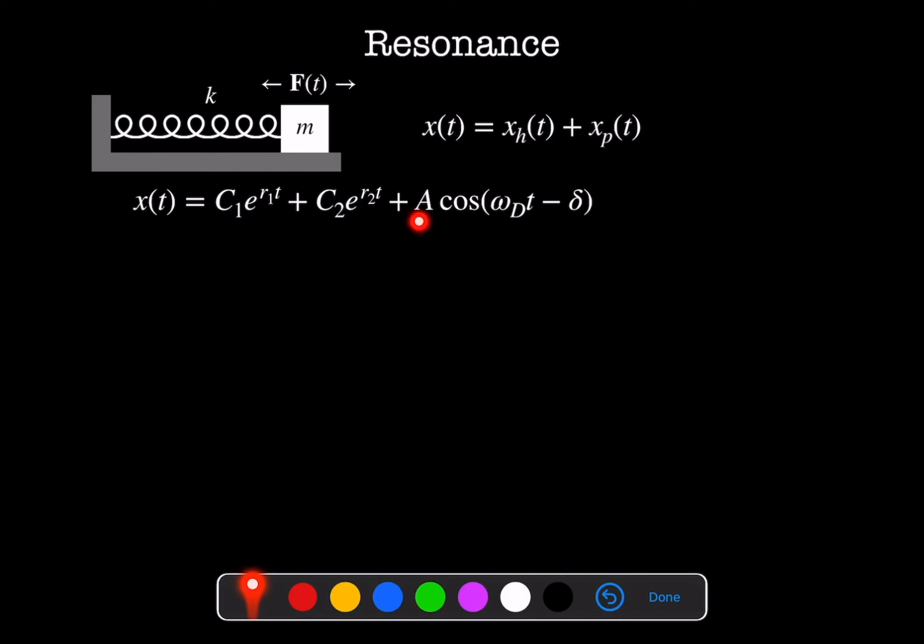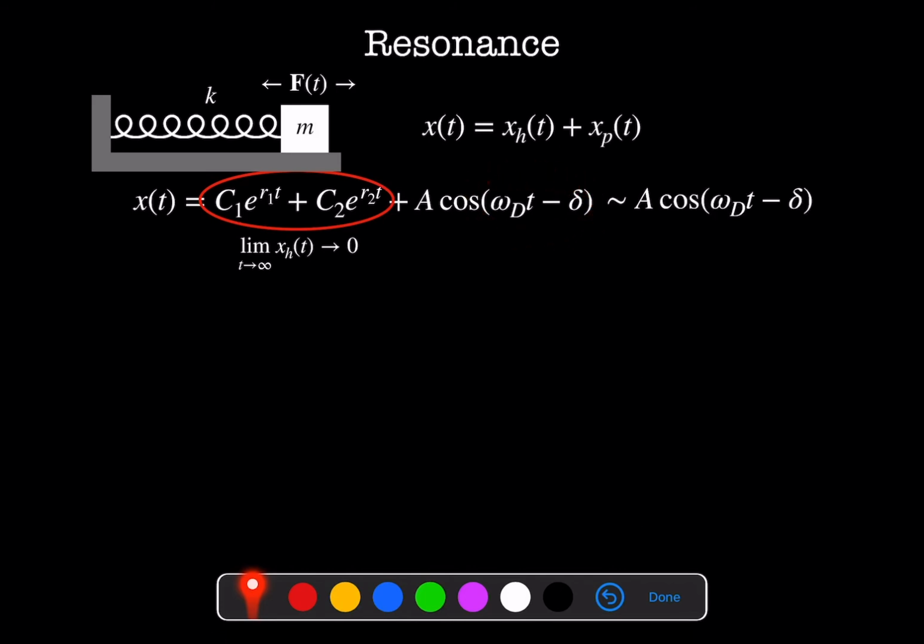And to that, I'm going to add my A cosine(omega_d t minus delta). We know that these decaying terms are going to go to 0 as time goes to infinity. So for long times, the only term in our system is going to be dependent on this term related to driving.